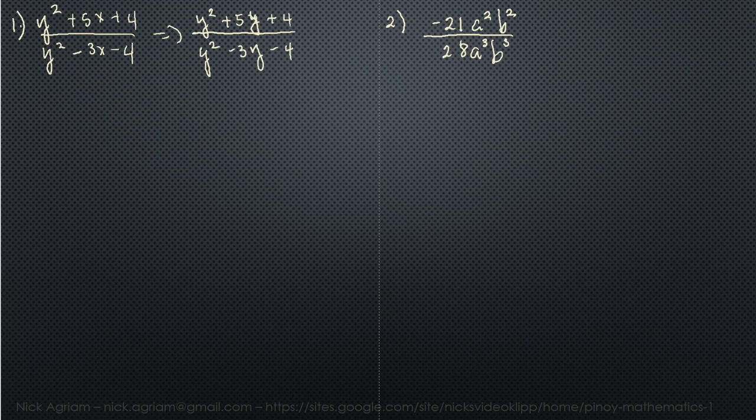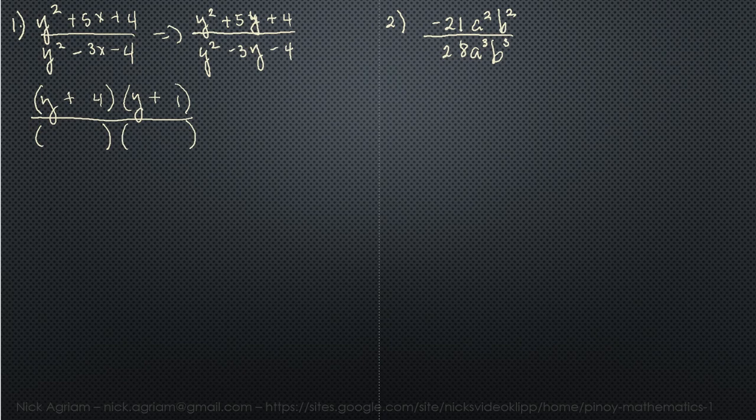So if we factor the numerator, we have y, we have 4 and 1, and we have all positive. As you can see, 4 times 1 is 4, and 4 plus 1 is 5. Then we're finished with that. And then we do the same with the denominator.